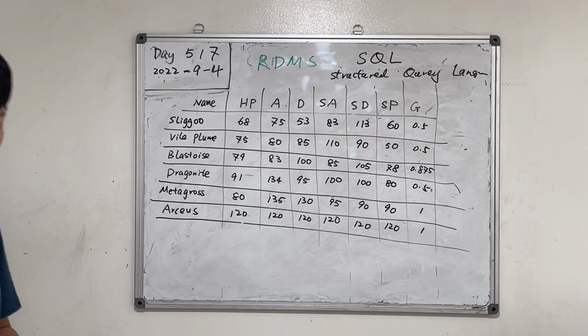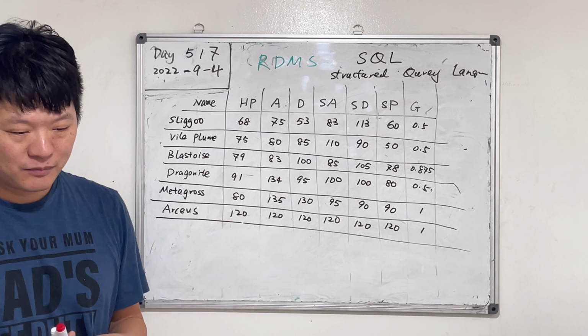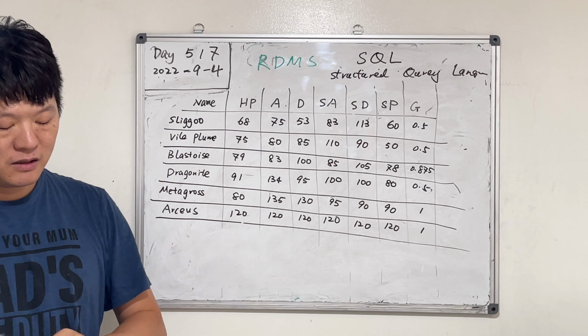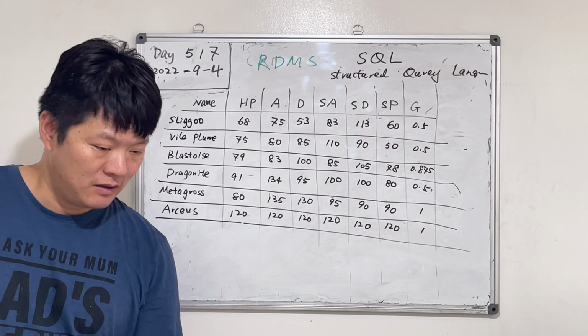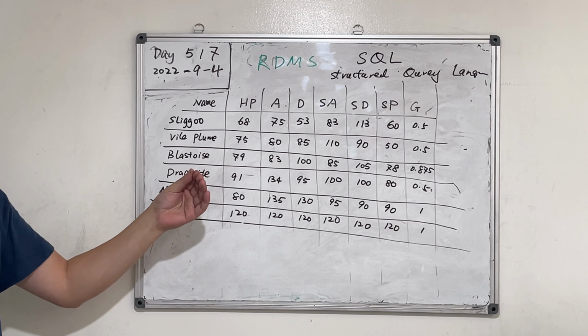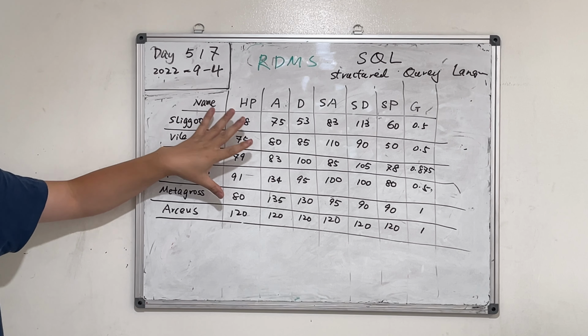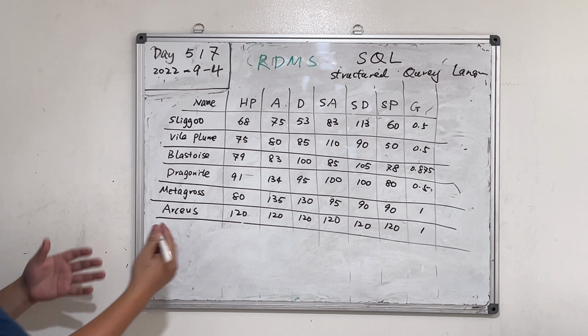Yes. The computer first needs to look at this column and sort it. Maybe I rephrase my question: can you ask the computer to sort the Pokemon by speed?